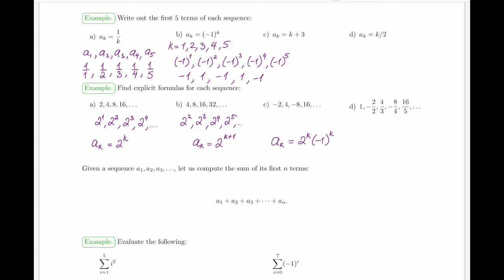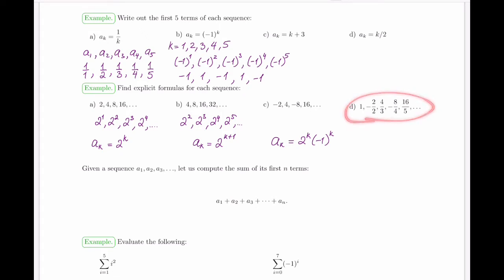And I generally prefer to more or less guess the power as just k, and then adjust it if necessary. So if this is my initial guess, and I sub in 1 for k, what am I going to get? Am I going to get the proper term, or am I going to be wrong in the sign? So I have 2 to the power 1 and -1 to the power 1. -1 to the power 1 is going to remain negative, so I'm going to get -2. That's excellent news. Okay, so it looks like this is exactly what it's going to be.